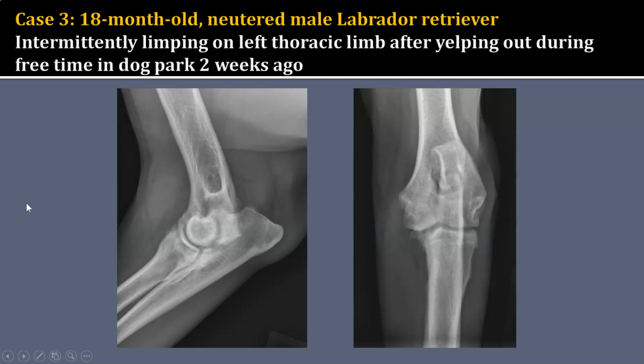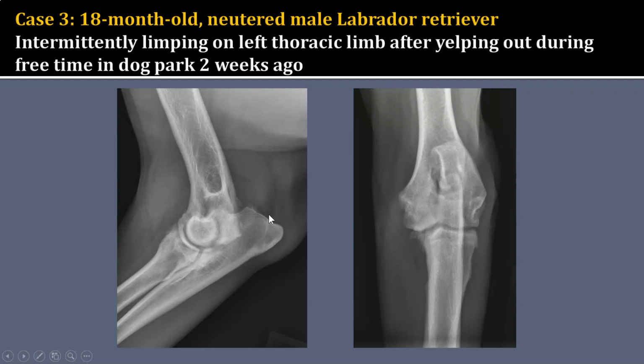I started out looking for any problems with alignment. I don't see any problems with alignment on this portion of this limb. And then I like to evaluate for soft tissues. When I look at the soft tissues, when I get near the elbow, I do actually see this increased cranial soft tissue opacity and enlargement that is centered at the elbow.